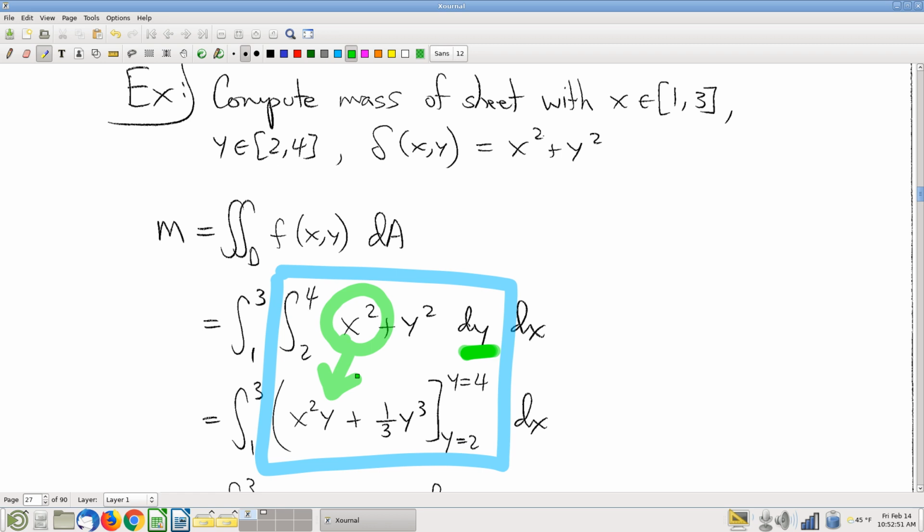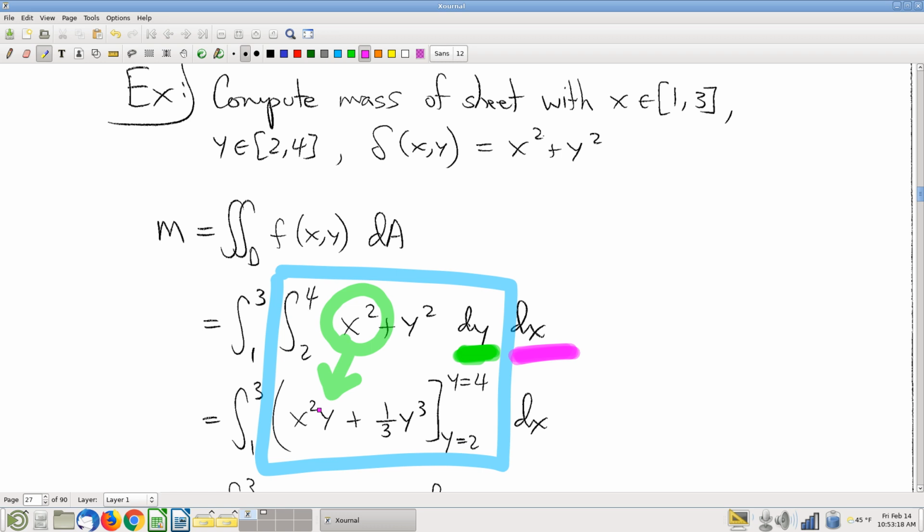But don't forget, for the purposes of this inside integral, this dy integral, we have to treat x as a constant. That's why we're computing that inside integral at that value of x. For that value of x, we want to know cross-sectional area as a function of x. And so x is a constant, and the integral of a constant is constant times variable. So in this case, x squared times y.